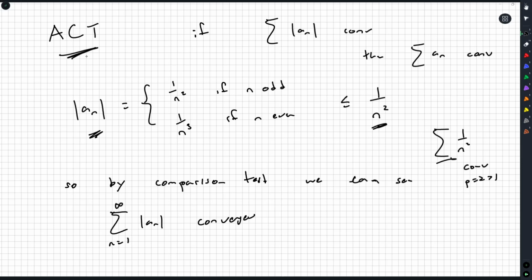And then the absolute convergence theorem tells us that, yeah, the ANs converge. In fact, they absolutely converge, but that's not really required here.